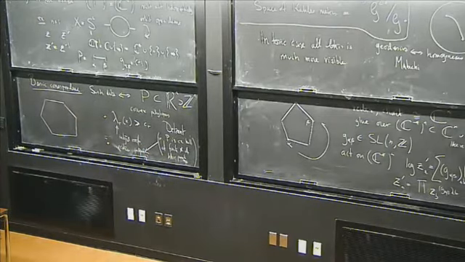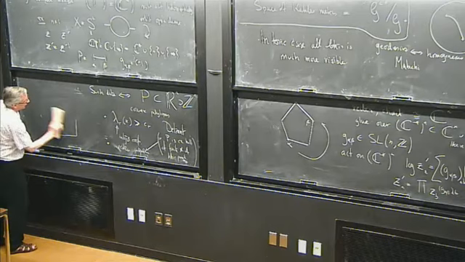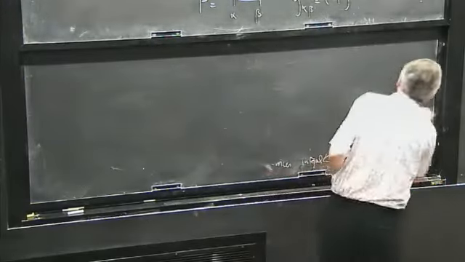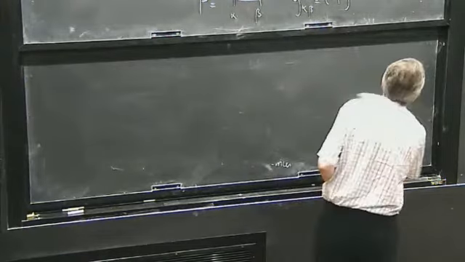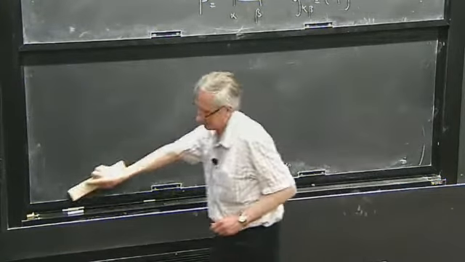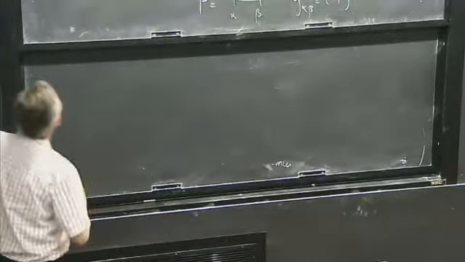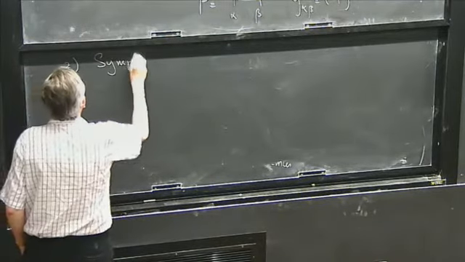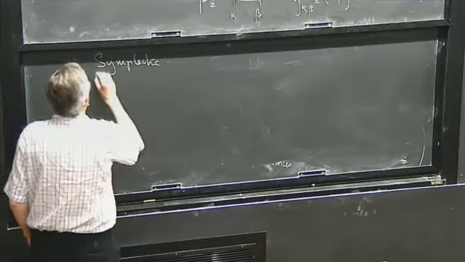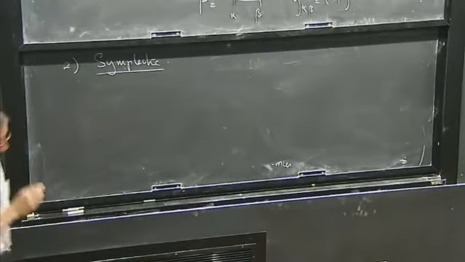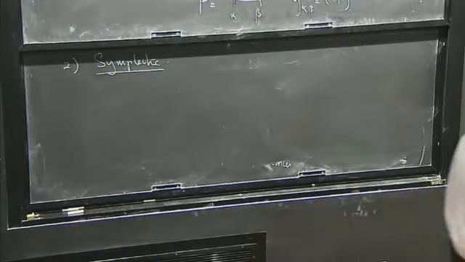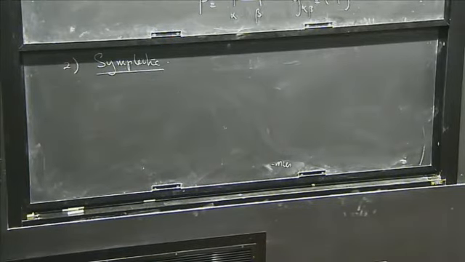So another point of view is to think about constructing, first of all, a symplectic manifold. We could start from this point of view and just forget about the complex structure.